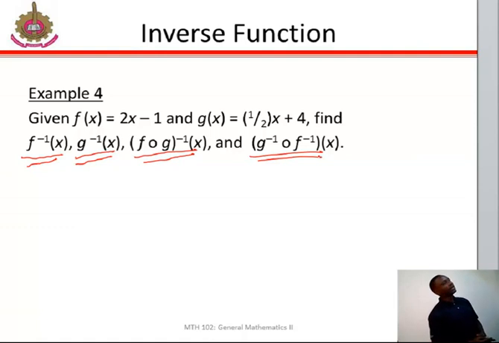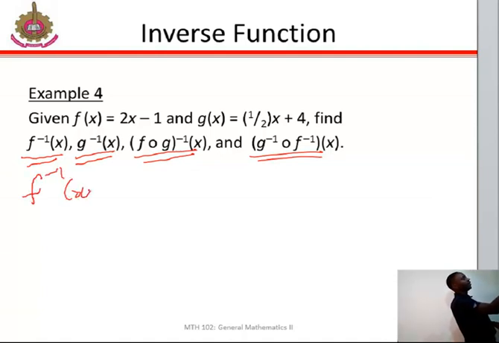As you are looking at this, it might look cumbersome, but it's not. Just follow the procedure we are going to show, and you will see that it's a very simple mathematical expression. Now, in order to find f inverse of x, that's the first one we are going to find.